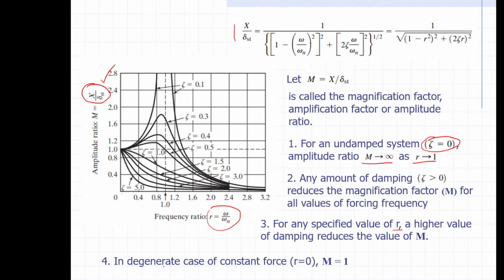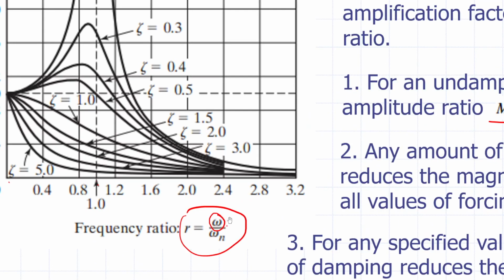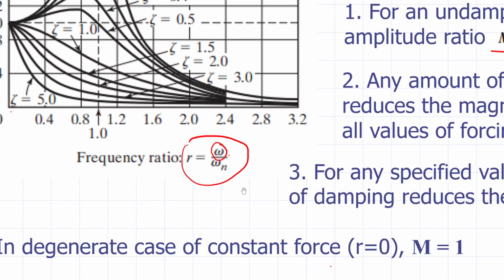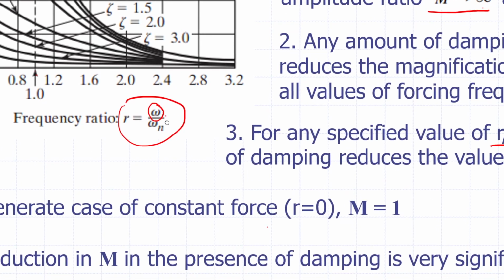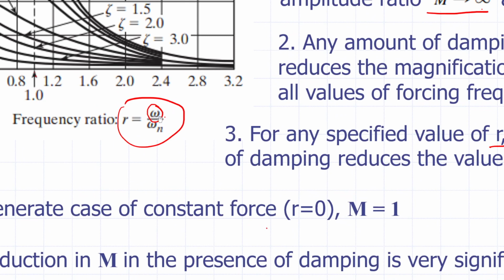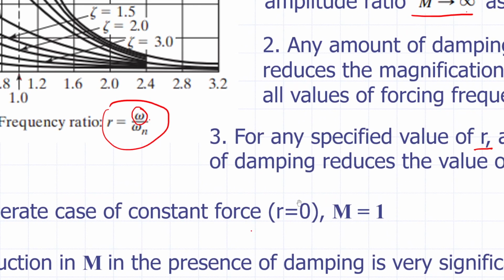How about the degenerate case of constant force? Constant force means there's no frequency omega, or we can say omega is 0, so the frequency ratio r is 0.